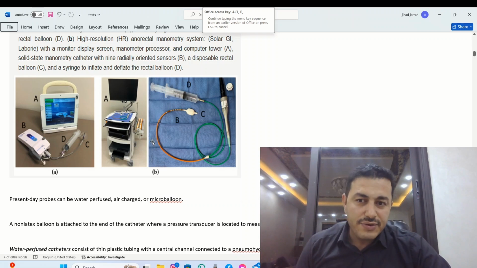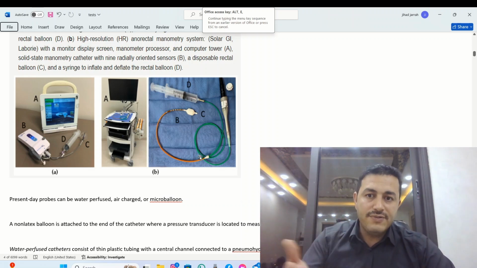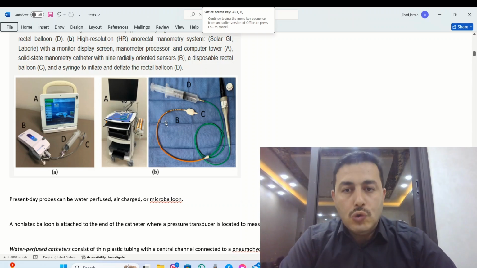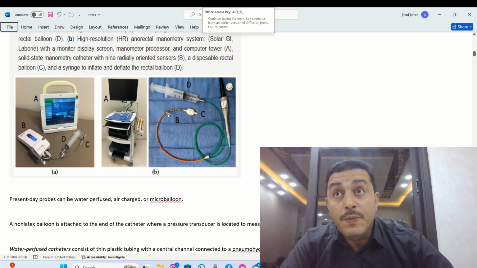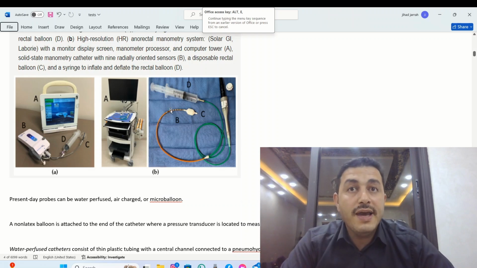This is another, more advanced type, what we call high resolution anal manometry. Here we only have a rectal tube. We have no balloon in the anal canal.